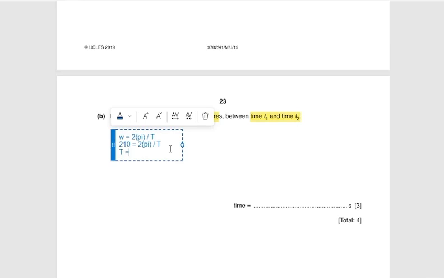So T equals 0.0299. Now this is the time period.